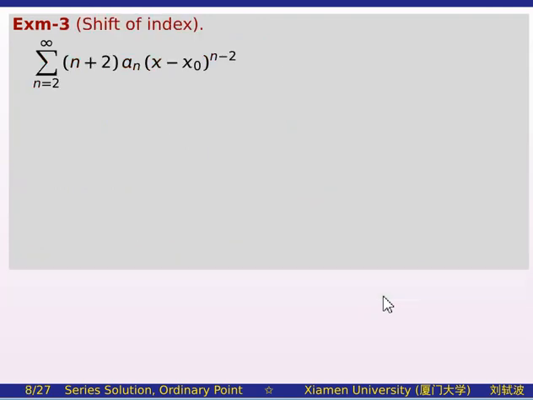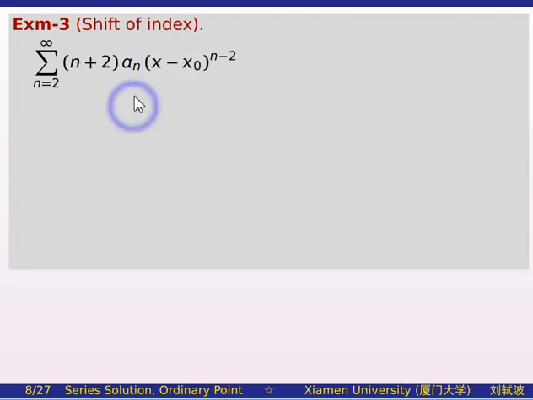And when dealing with power series, we will always use the shift of index technique. So consider this power series with n starting from 2, because the power of x minus x0 is n minus 2. Therefore, when n is 2, the power is 0, so this is the constant term.